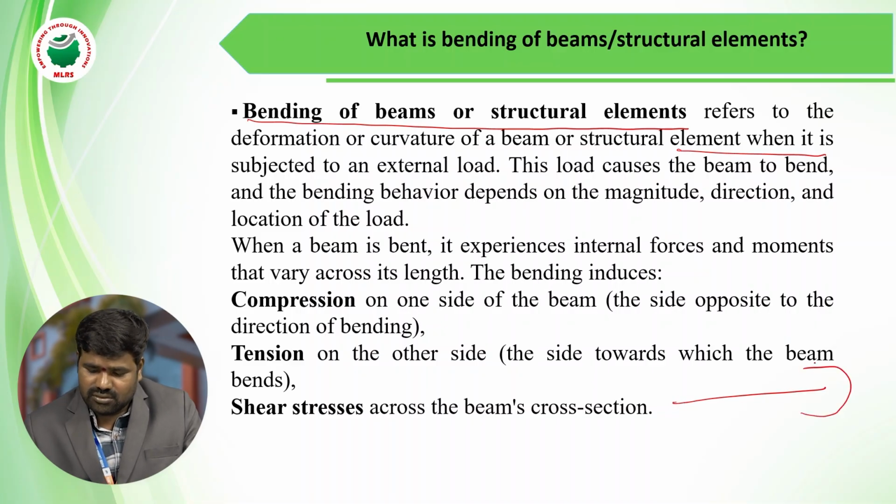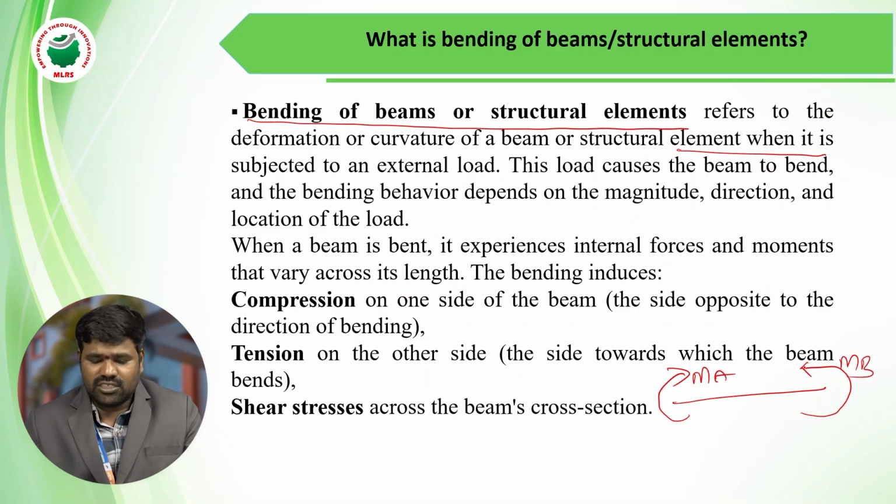Directions, clockwise and anti-clockwise. This is called magnitude and directions, moment A, moment B, and location of the load. There are three types of loads. Point loads are concentrated loads, UDL is uniformly distributed load, and UVL is uniformly varying load. These are the three loads.